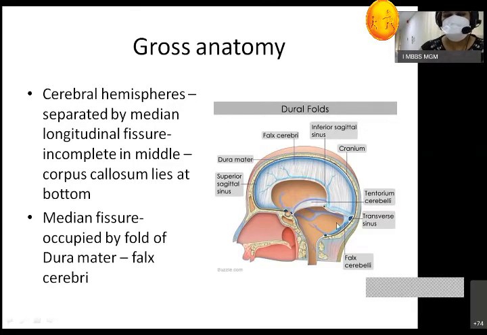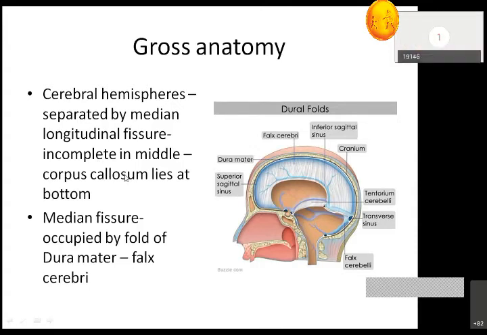Because of this tentorium, the cranial cavity is divided into two parts. In the superior part lies the cerebrum, while in the inferior part lie the brainstem and the cerebellum. Above is called the supratentorial compartment, while below is called the infratentorial compartment.